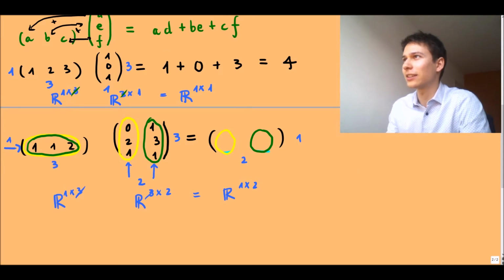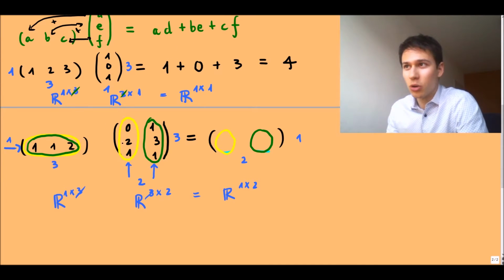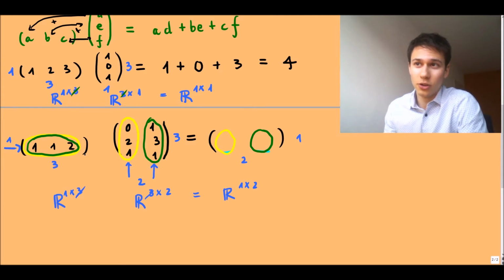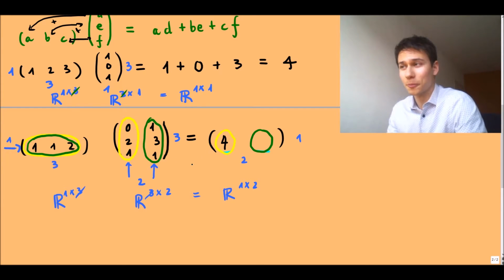Now let's calculate what we get. So we take basically the scalar product of this yellow vector with this yellow vector, and we would have 1 times 0, so 0, plus 1 times 2 gives us 2, plus 2 times 1 gives again 2, so we have 2 plus 2 gives us 4 for this first number.